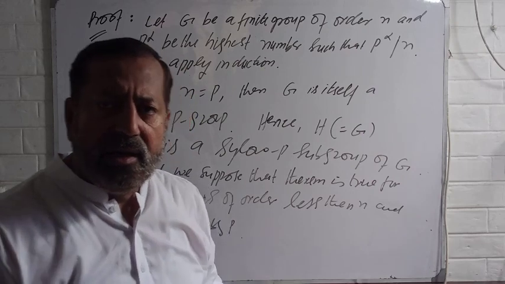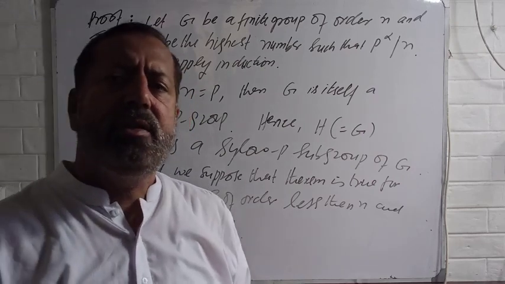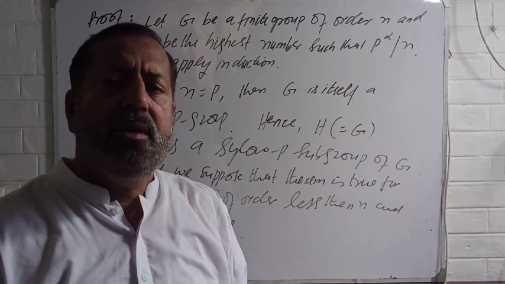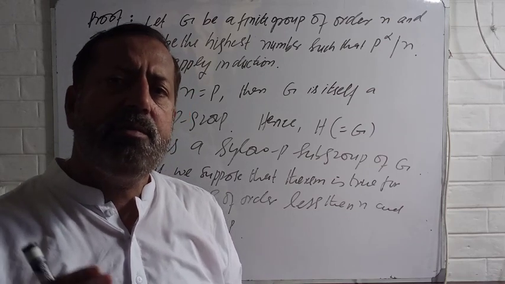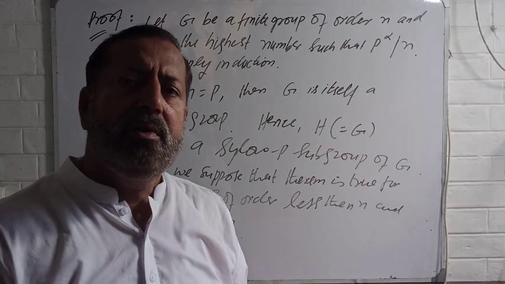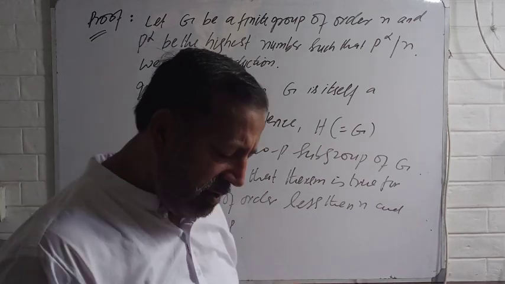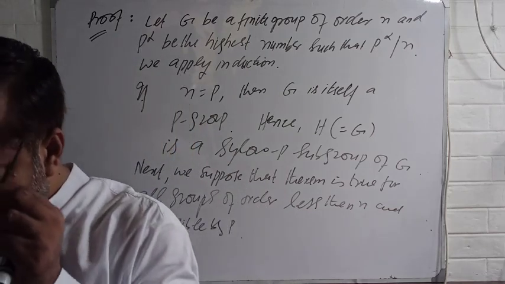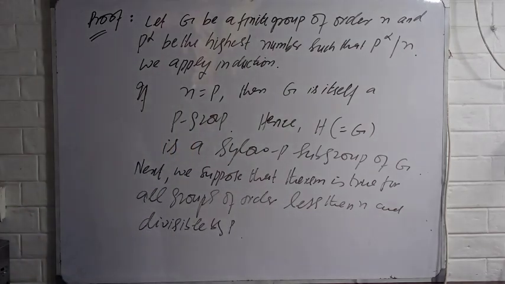So whenever you find that the order of G is less than n and p is a divisor of that number, then by the induction hypothesis there must be a Sylow-p subgroup. Okay, so this is our inductive step, our induction hypothesis.